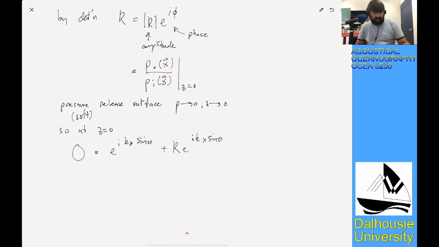Now we've said k prime equals k, and so this works out very quickly. R equals -1. Okay, and so this is a super important little result.